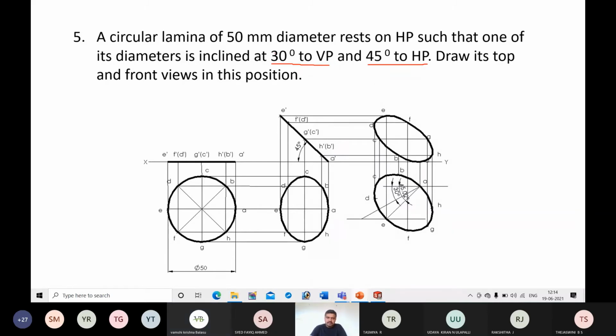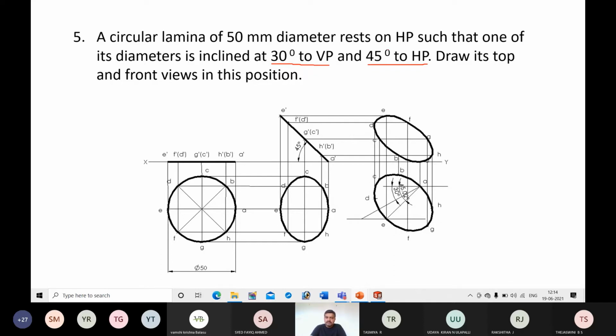In this question, 30 degree to VP is given first. Okay, don't get confused. If the lamina is resting on HP, whether the inclination with respect to HP is given second or first, that should not be considered. If it is resting on HP, the inclination with respect to HP should be satisfied first, and that is the lamina's inclination. Then we go for the inclination with respect to VP.